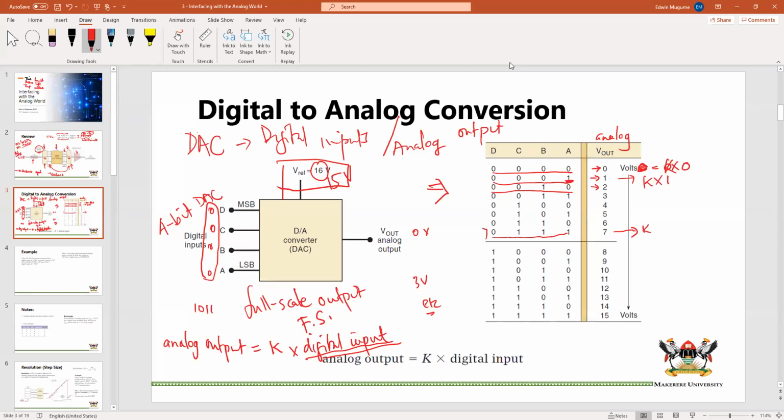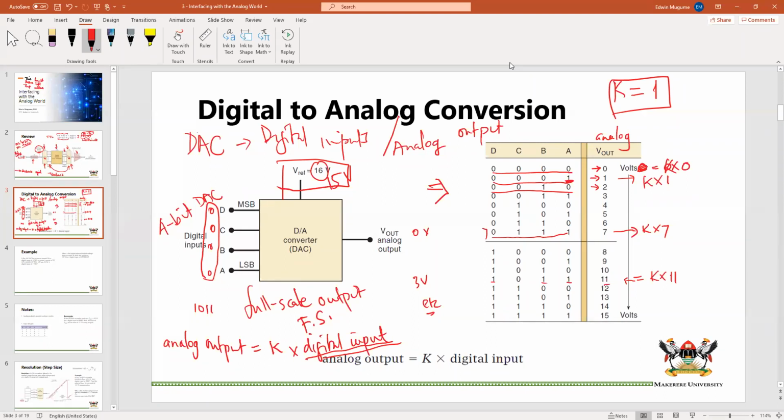So we have K times 7. And if we look at a scenario like this one, we have 11, which is equal to K times 11. Therefore, it's easy to conclude that K is equal to 1. The proportionality here is 1 because the digital input is equivalent to the analog output.